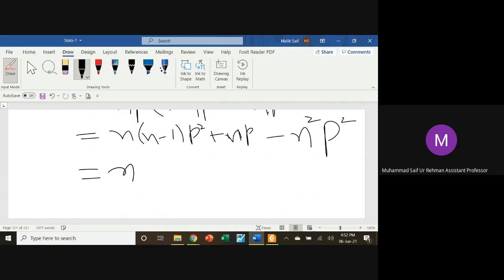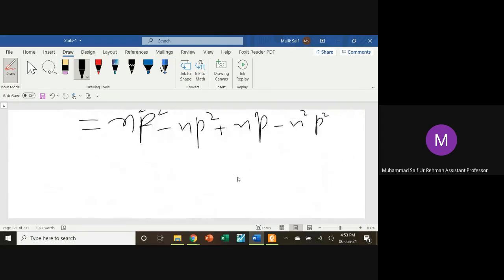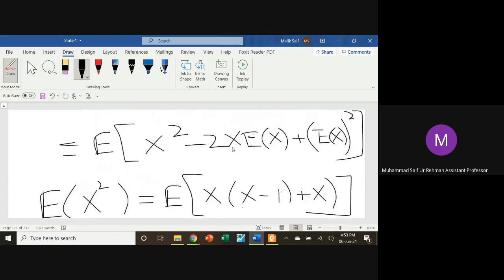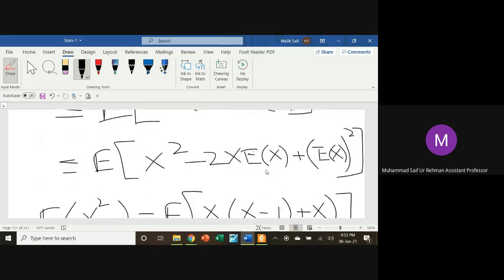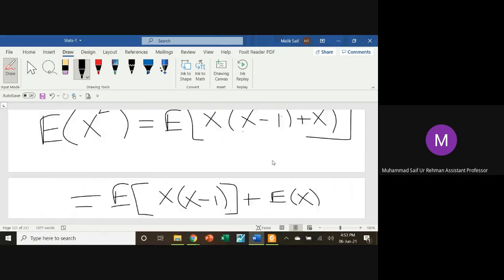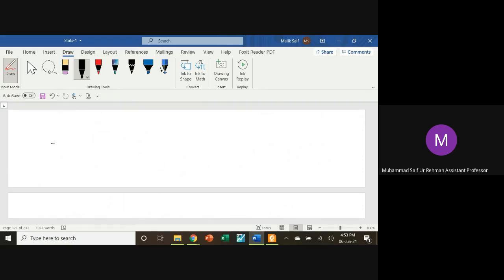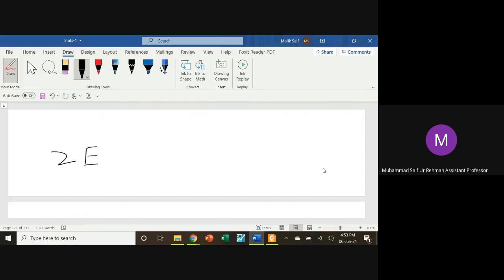When you open it, it will become n square p square minus np square plus np minus n square p square. And this term minus 2x E(x) is there in between. When you apply expectation, it will become E(x) and E(x), so E(x) whole square will be there. So basically this term will become minus 2 E(x) E(x). Let me solve it. Let me see again.